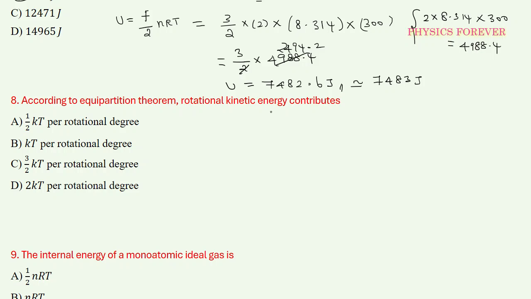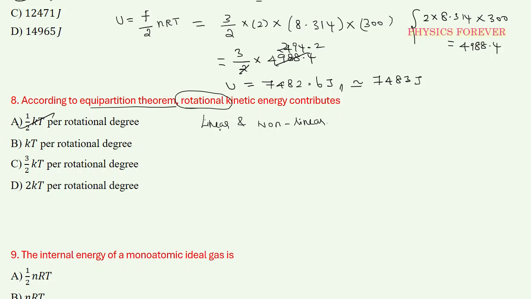So question number 8, according to the equipartition theorem, the rotational kinetic energy contributes only as rotational energy. But the answer will be 1 by 2 kT per rotational energy. Sometimes if they ask linear or non-linear, the answer will change. In this case only rotation, so the answer is 1 by 2 kT.